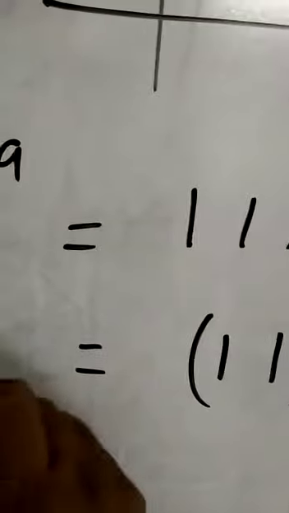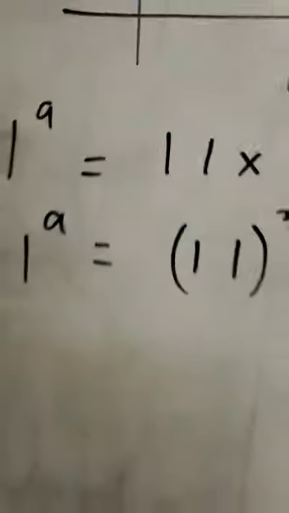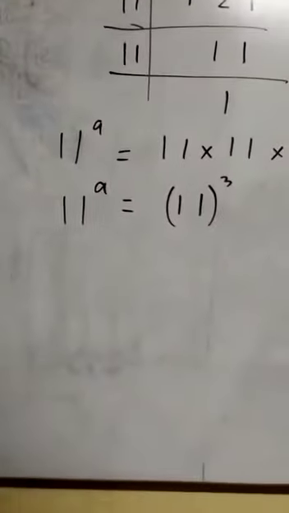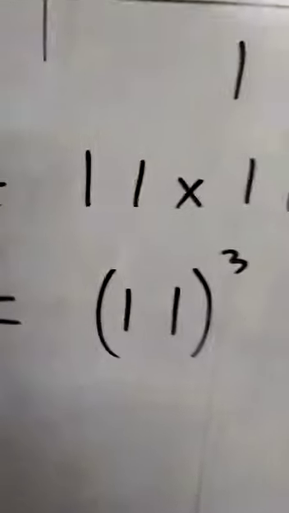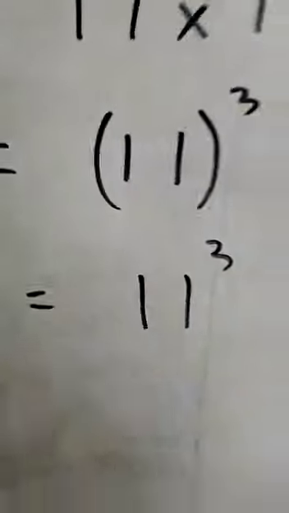So a is the power on the left hand side and 3 is the power on the right hand side. We can make it more simple: 11 to the power 3.